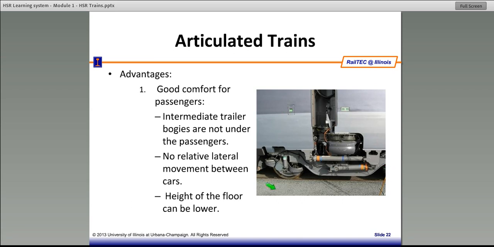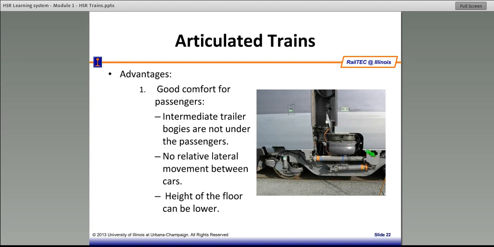Also, the bogie being in the position of connecting two cars also reduces the lateral movement of the train. If you sit down and think about it, you can try to find out the reason for that.